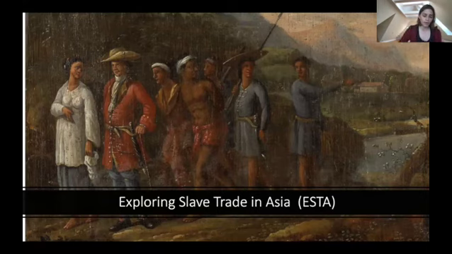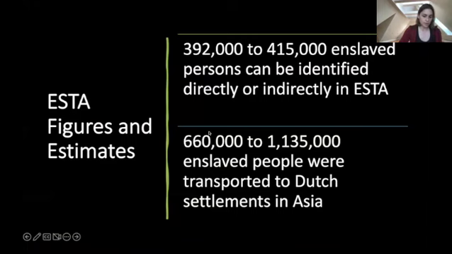And so they are claiming right now that at least 392,000 to 415,000 enslaved people can be identified directly or indirectly in their records. And they've also estimated that 660,000 to over 1 million people who were enslaved were transported to Dutch settlements.